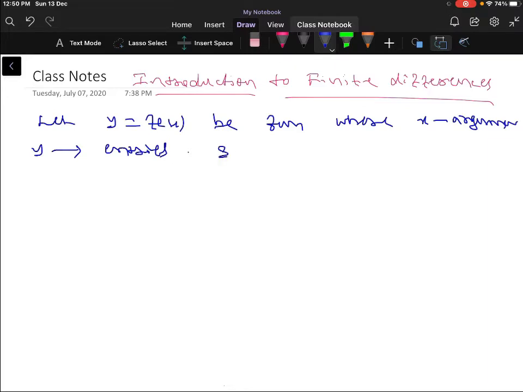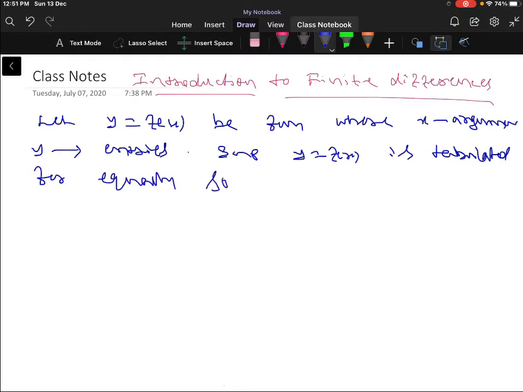Suppose the function y is equal to f of x is tabulated for equally spaced values of x.